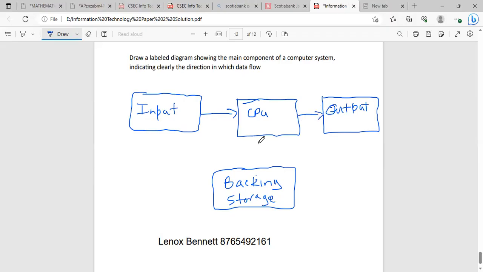And for storage, it would be to and from. So there we have it. That's how data flows. So you can put in, take out. Input, basically putting in, and output, taking out of the CPU.